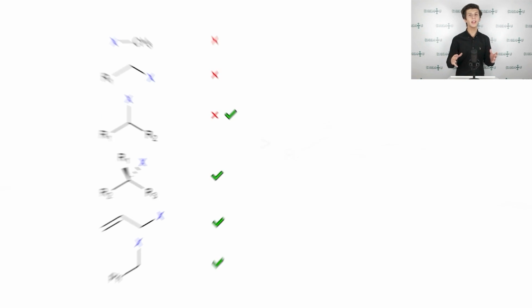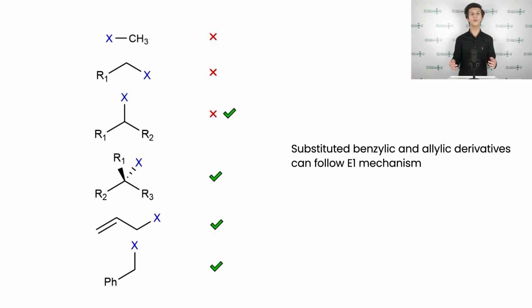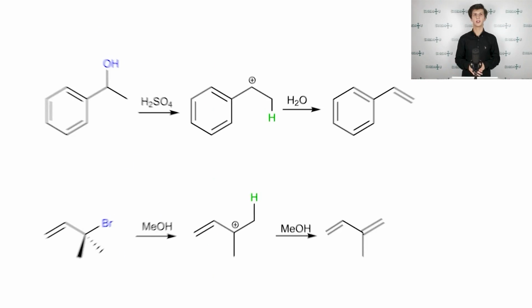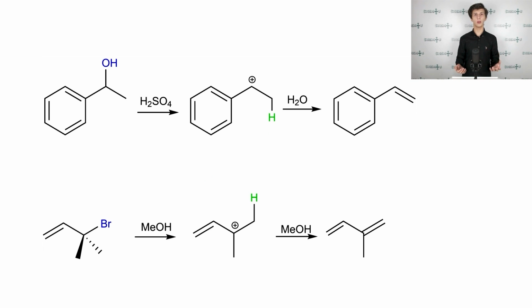It means allylic and benzylic derivatives can follow the E1 elimination mechanism. In order to form the pi bond, both benzylic and allylic carbocations should be substituted. For example, benzylic alcohols follow the E1 elimination mechanism under strong acidic conditions, like in the presence of sulfuric acid, and yield styrene or its derivatives.